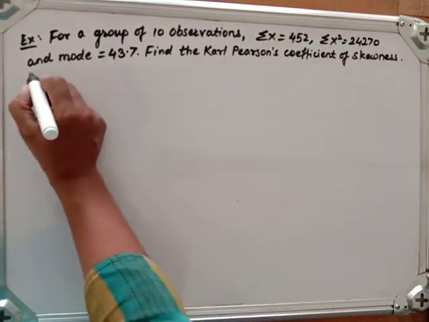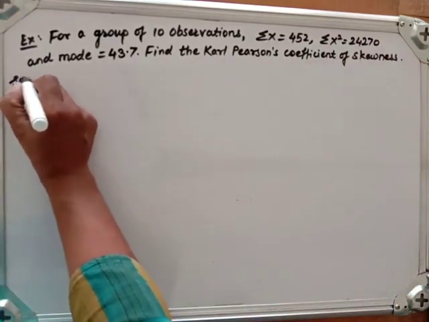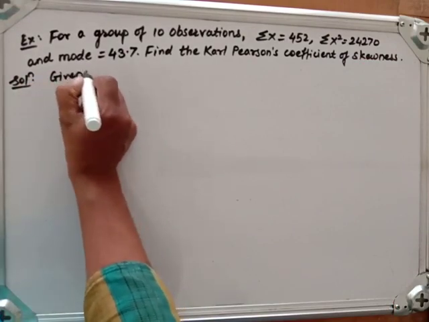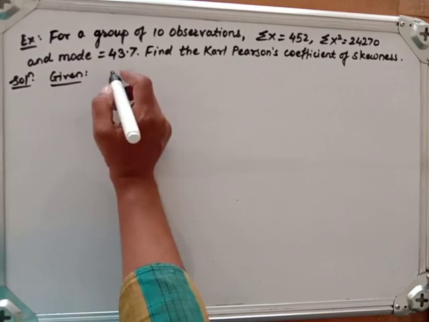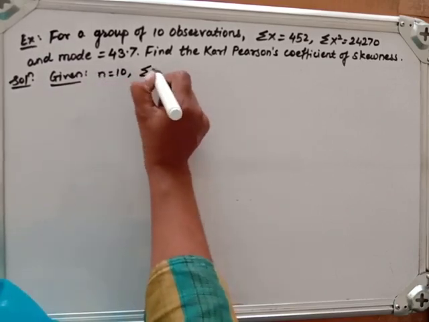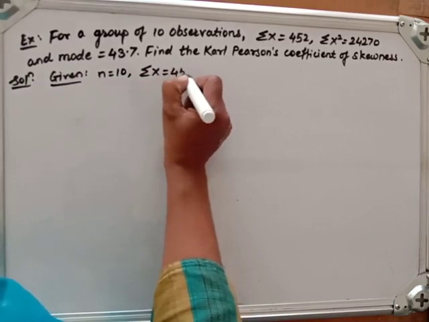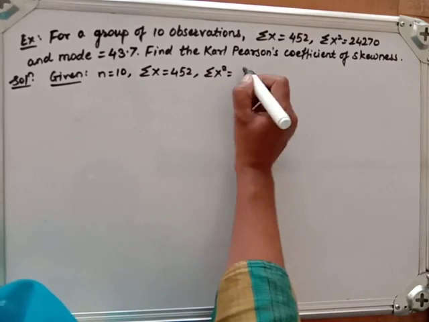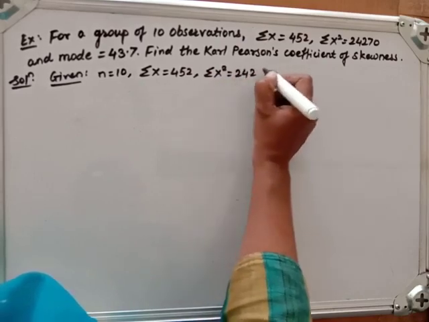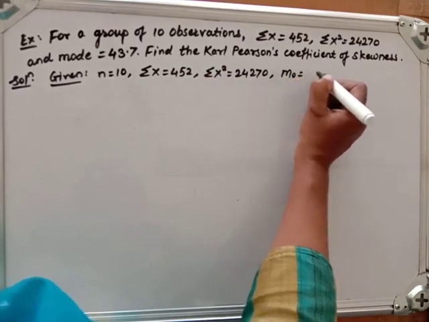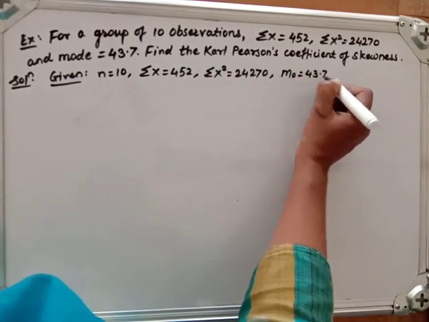Okay. Now solution. What is given to us? n is equal to 10. Summation x is 452. Summation x square is 24,270 and mode is 43.7.